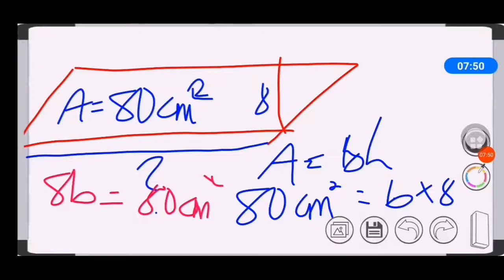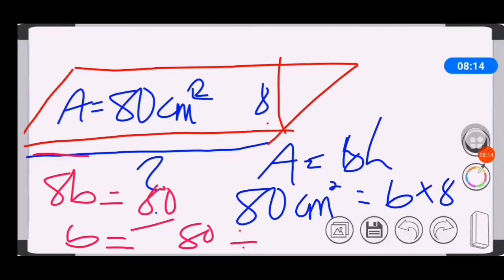Now, we need a number that we can multiply by 8 to get 80. You may be thinking of 10, which is correct, but how do you work that out? We divide: our base is equal to the area divided by the height. So 80 divided by 8 gives us 10, and our answer is 10 centimeters.